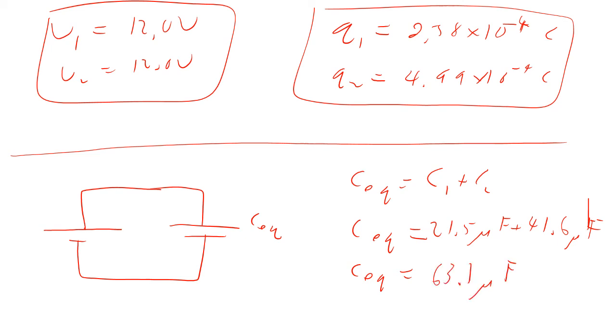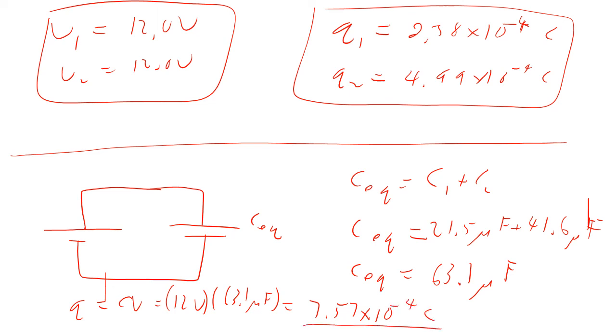Well, we know that Q is going to be C times V, so that'll be 12 volts times 63.1 microfarads, and that comes out to be 7.57 times 10 to the minus 4th coulombs.